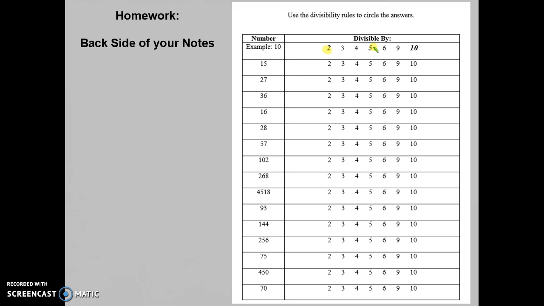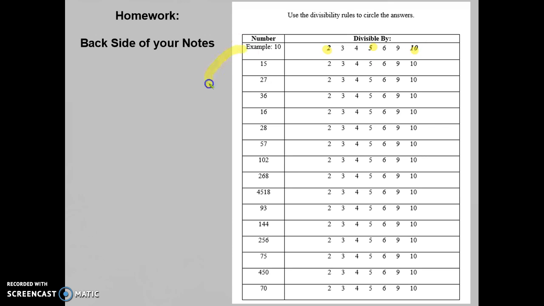It has to work for both. 9, when I add up my numbers, is the number divisible by 9 or a multiple of 9? Well, 1 plus 0 is 1. 1 cannot be divided by 9, so 9 doesn't work. And then 10, does it end in a 0? Yes. So my divisibility rules that work for 10 are 2, 5, and 10.